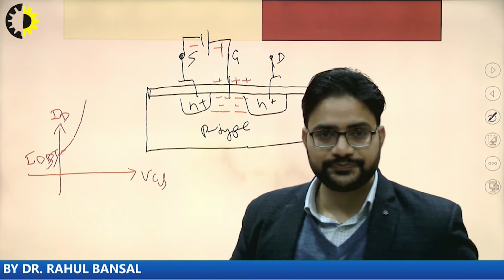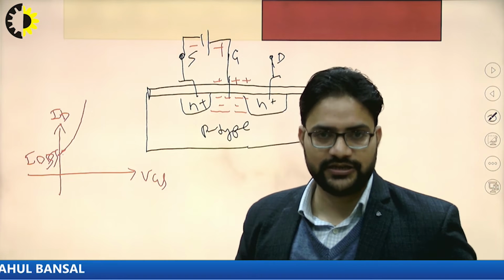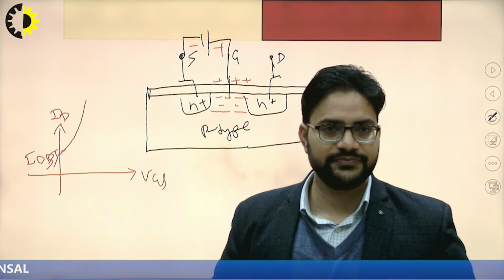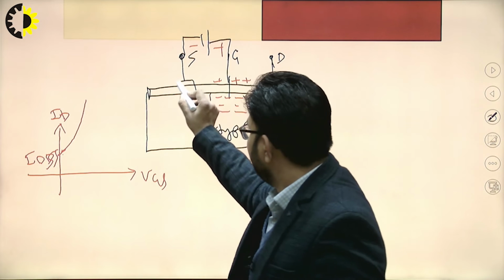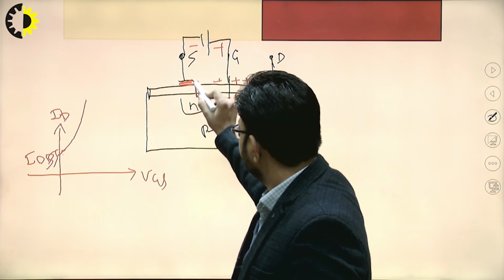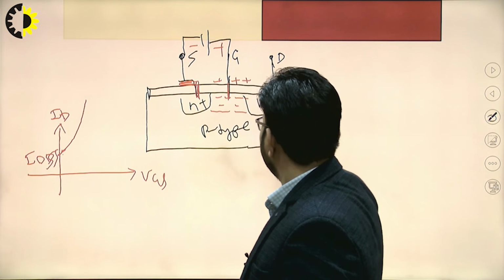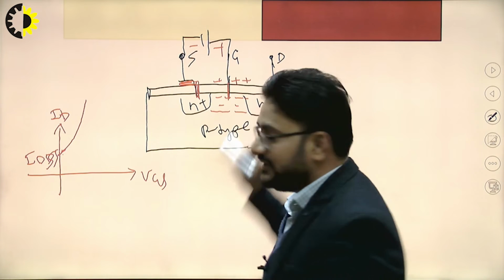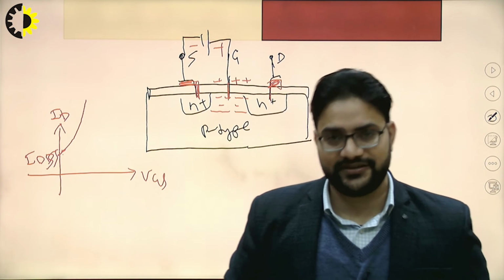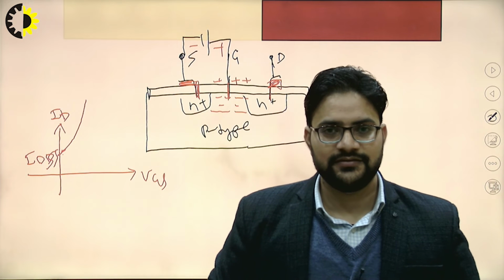Next type of MOSFET is called the E-only MOSFET. Now, this aluminum plate, if you see carefully, is very bulky and requires a large area, right?